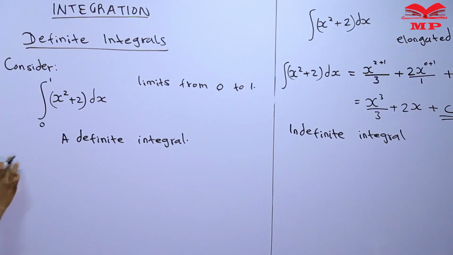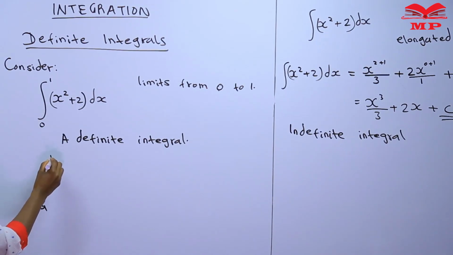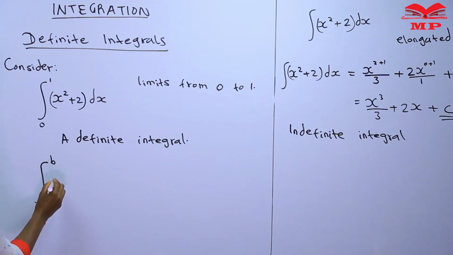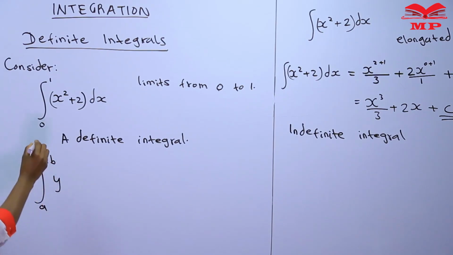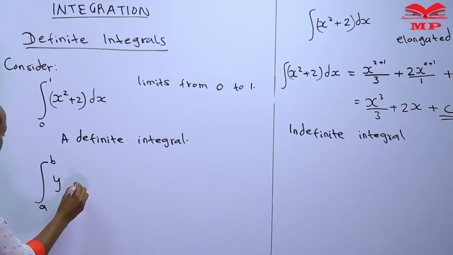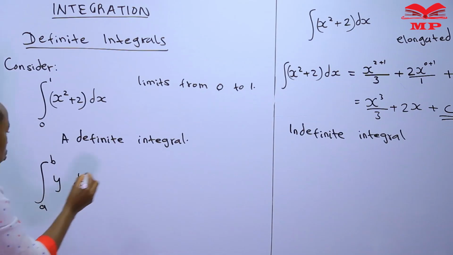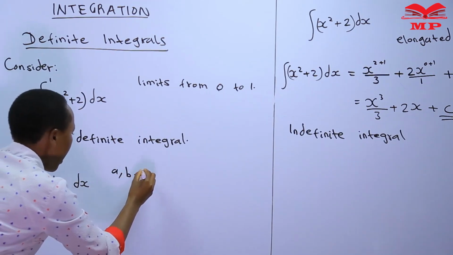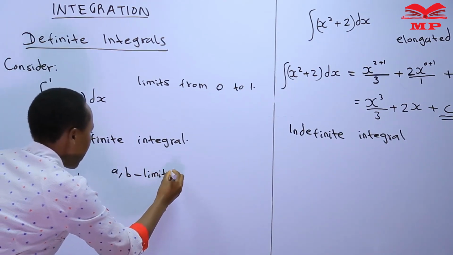The general form, from A to B, is the integral of our function, let's say y, with respect to x. A and B are our limits.